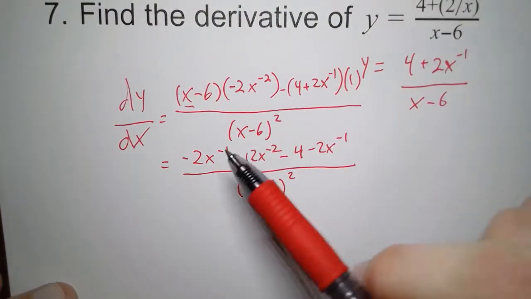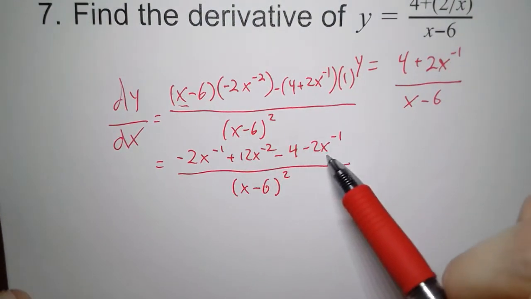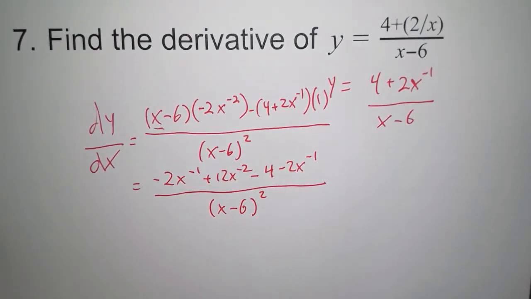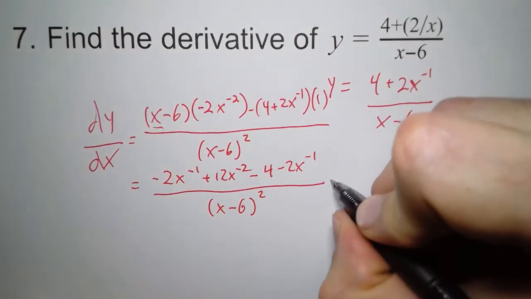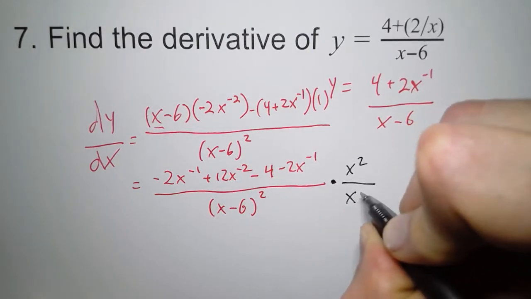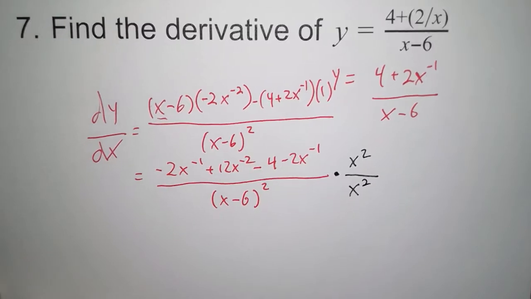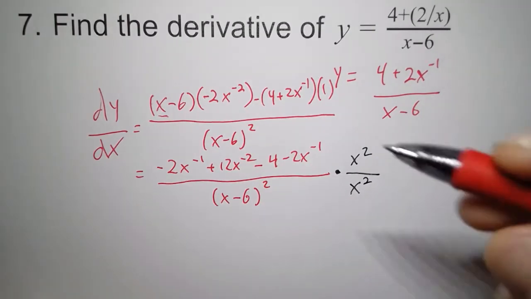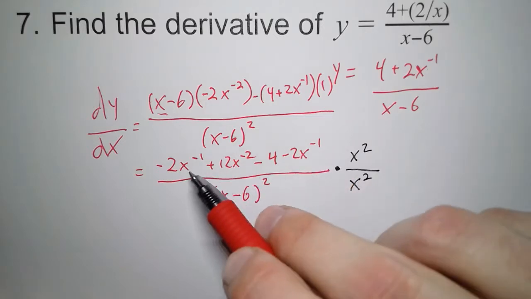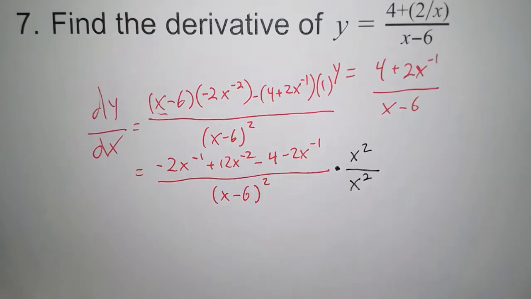Now the problem is that we have these negative exponents, and each of these negative exponents would represent a fraction. But to get rid of that, what we're going to do is we're going to multiply by x squared over x squared, which is equivalent to 1. But why do we do that? We do that because what that will do is that will neutralize all of these negative exponents.